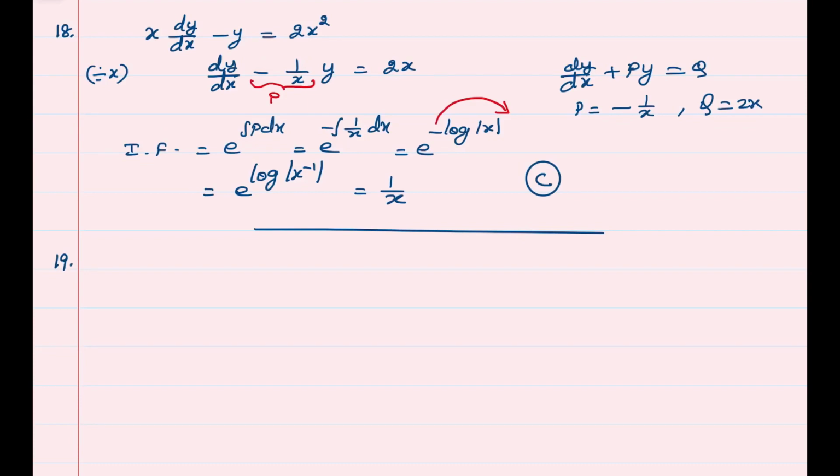Question number 19, the last question of this exercise. The integrating factor of the differential equation (1 minus y squared) dx/dy plus yx equal to ay, minus 1 less than y less than 1, is. We will divide the whole equation by 1 minus y squared.